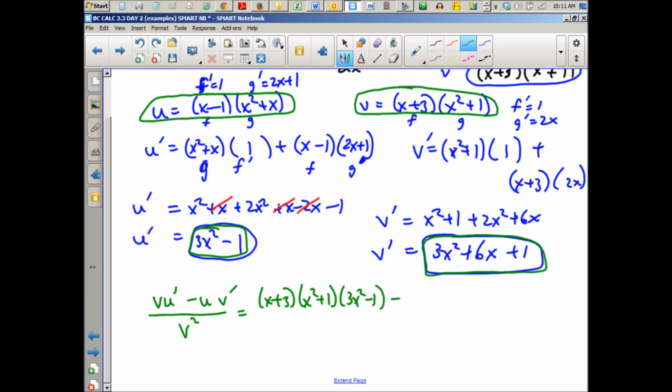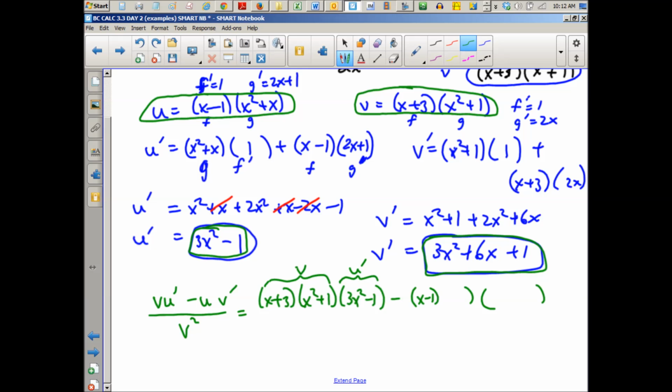I should have written v u prime minus u v prime. Okay, so this is my v. So there's no math errors here. I just did a little copy error there. I copied u prime twice there. So we have v there. This is u prime minus, and now I need u and v prime.